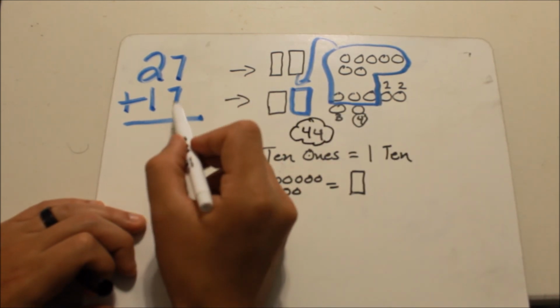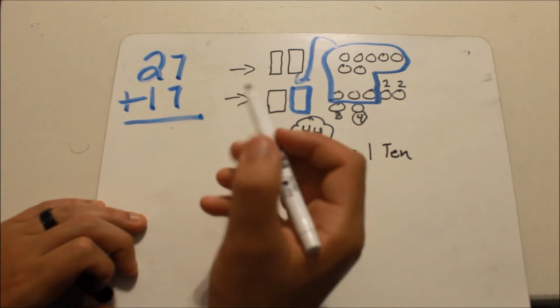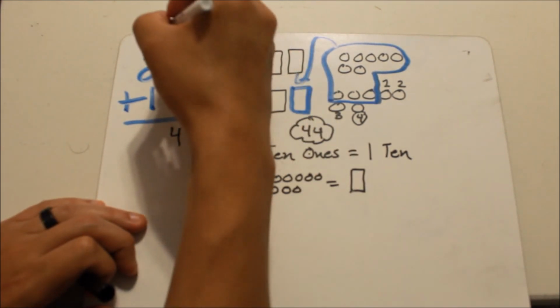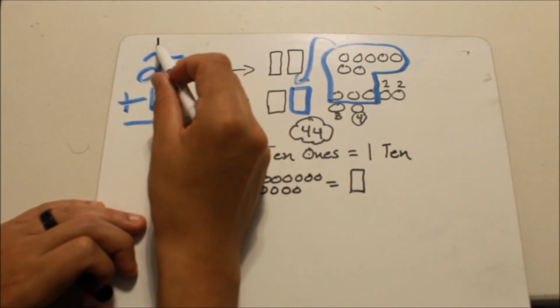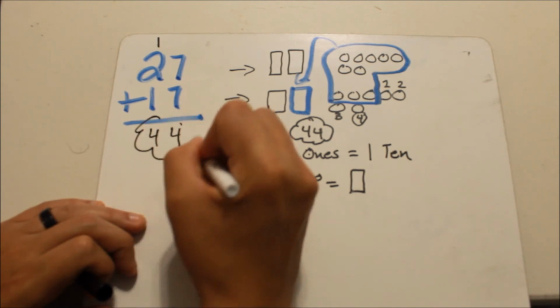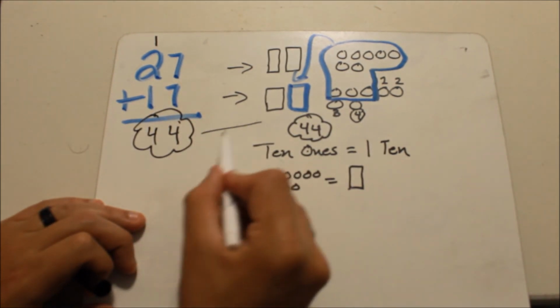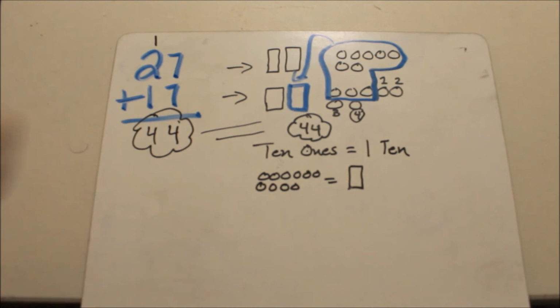Let's double check doing it the standard way. 7 plus 7 again is a double, so that means it is 14. Now I do 2 plus 1 is 3 plus 4, and like magic, we have the same answer. So, this is what I mean when I say we are regrouping.